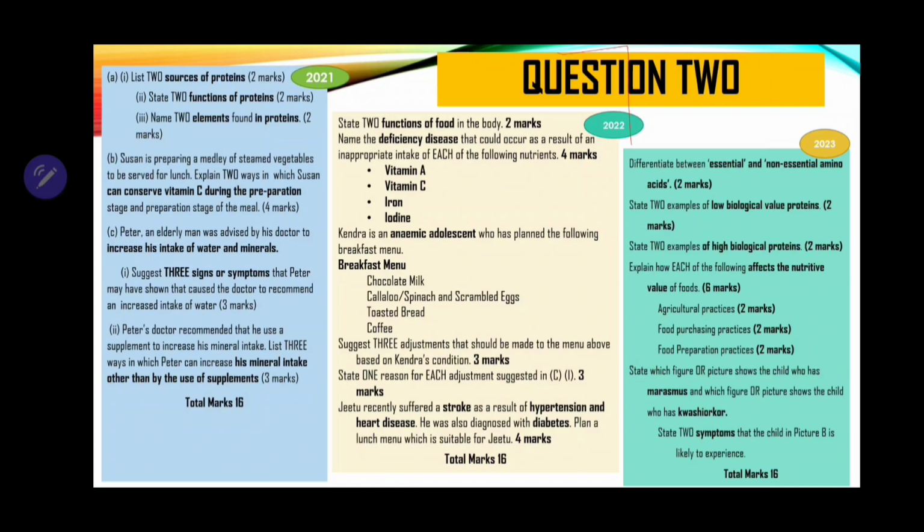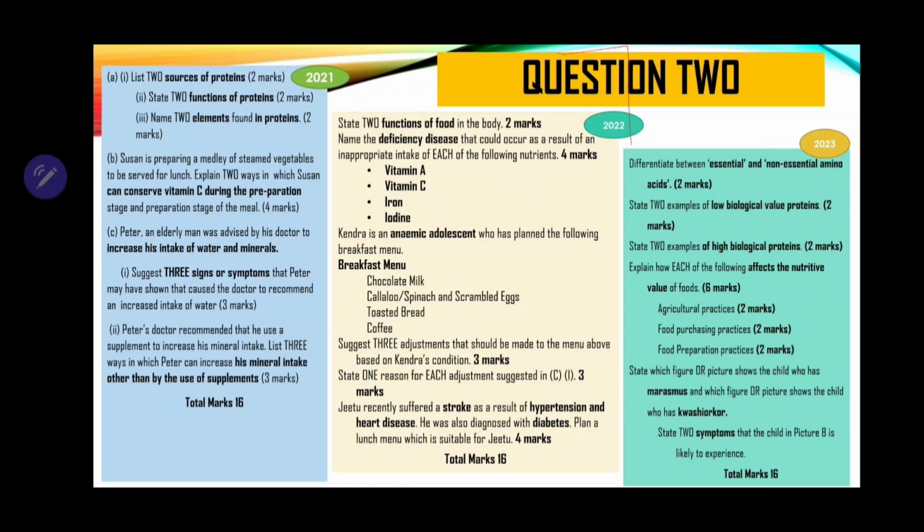So as you can see, this question asks a lot about nutrients, about nutrient deficiencies. It asks about planning meals for special groups such as the adolescent female. You may even get babies, you may get athletes, you may get strict vegetarians, you may even get young girls, as in the year 2022 when it asks about an anemic adolescent, right?